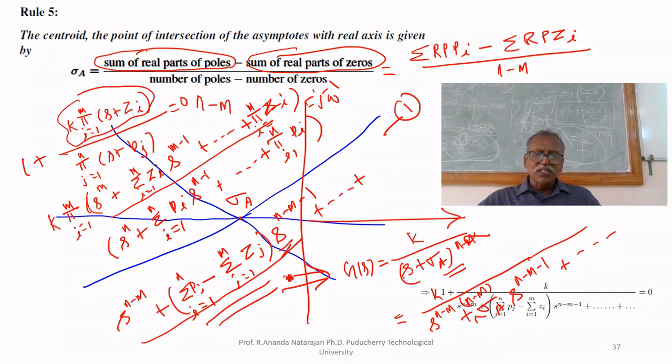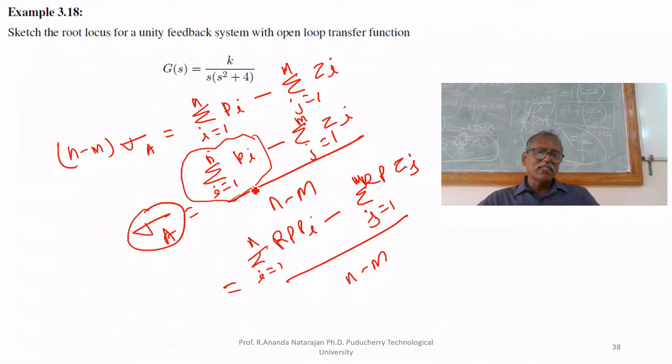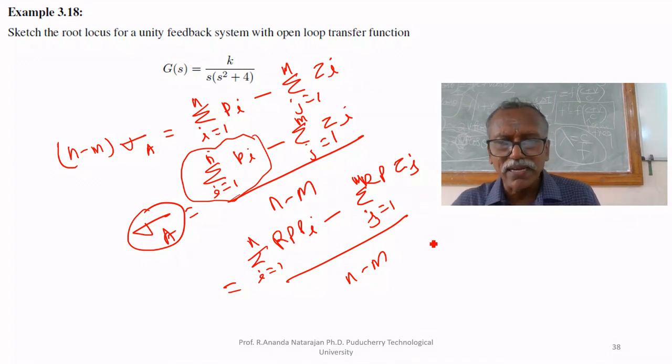That's why these two are identical, and that's why we can compare them. If we compare these two, we get this relation: n minus m times sigma A equals the sum of poles minus the sum of zeros. Therefore, sigma A equals the sum of real parts of poles minus the sum of real parts of zeros, divided by n minus m.